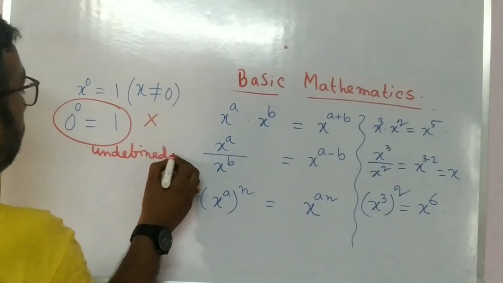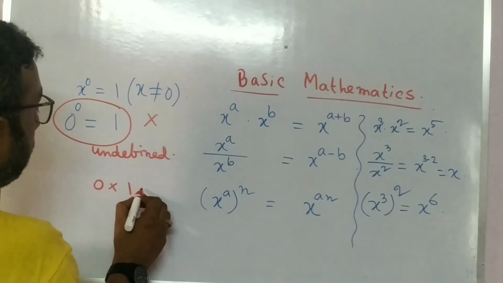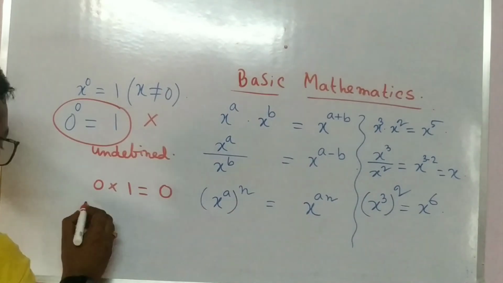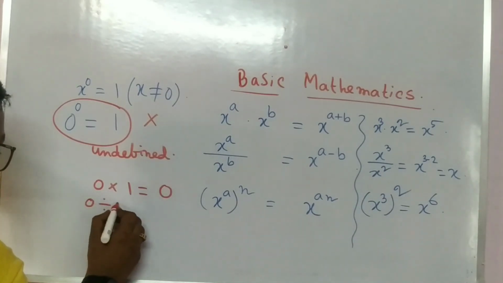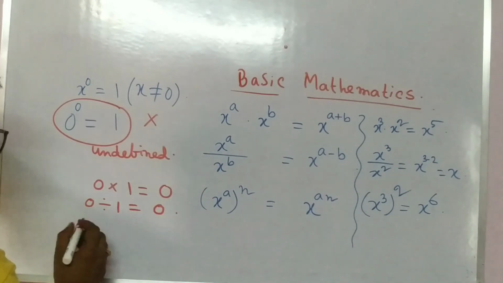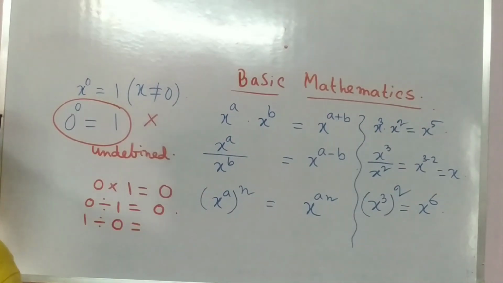If you multiply 0 with some other number, you will get 0. If 0 divided by 1, you will get 0 here. But if you divide 1 by 0, that is undefined.